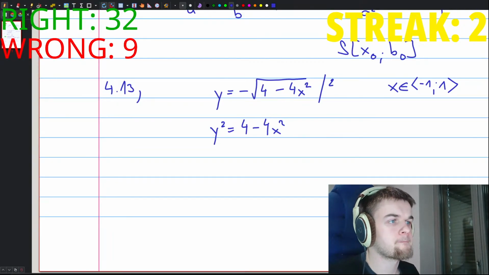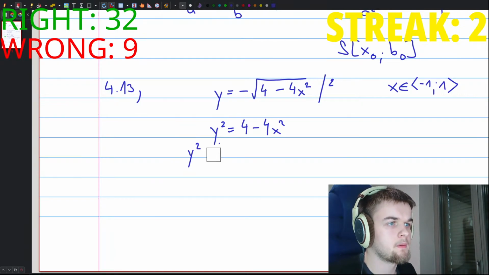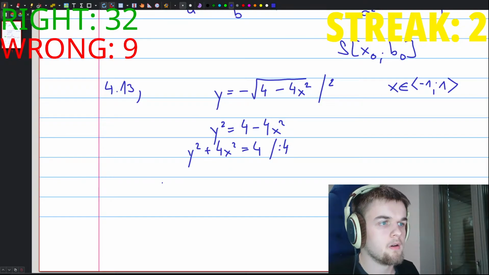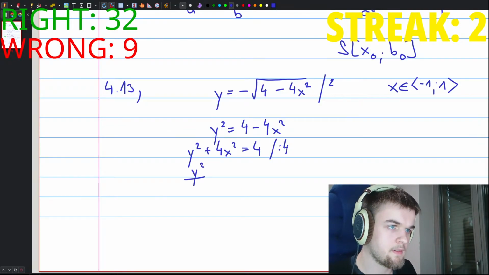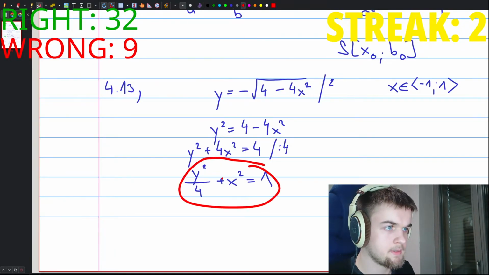And now if we transfer it all to one side, yeah, okay, I see it. So we get y squared plus 4x squared equals 4, where we divide now by 4, which yields y squared divided by 4 plus x squared equals 1. And this is an ellipse.